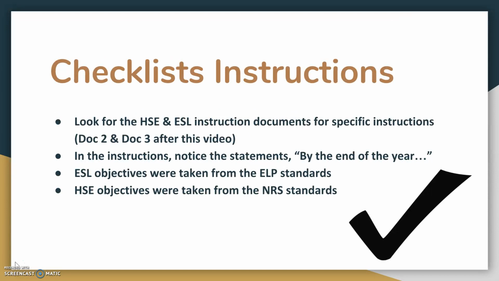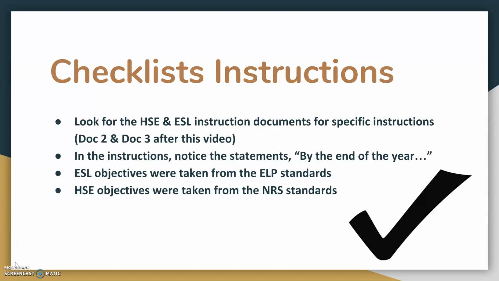To clarify the checklists a bit, there are instructions for ESL and for HSE teachers. These instructions don't need to be in the student folders, but they are provided for you so that you can see how the checklist was generated and give you an idea of what to expect of your students. On the instructions, you'll notice that the expectations for the different levels include the phrase, by the end of the year, the student will be able to.